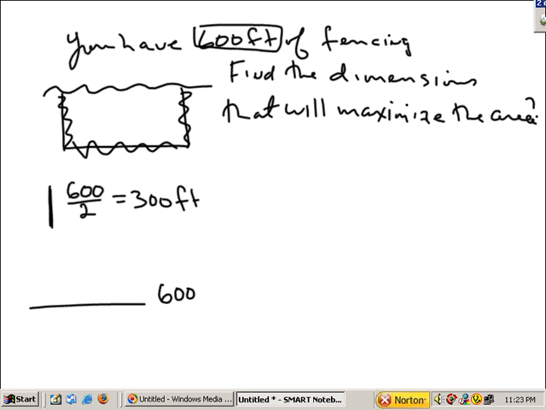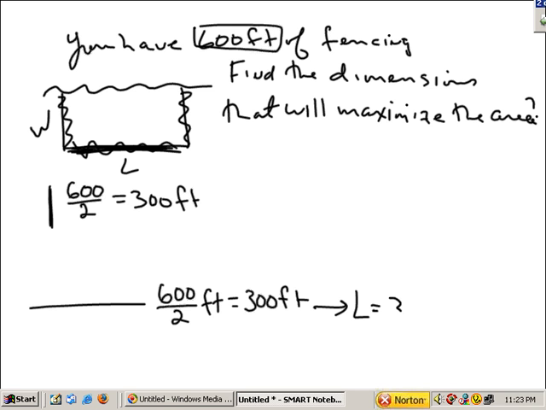Half of the perimeter, which is 300 feet, goes left and right. Okay, now, since only 1 piece goes left and right, let's name this length and width. Since there's only 1 length, it's going to be 300 feet.